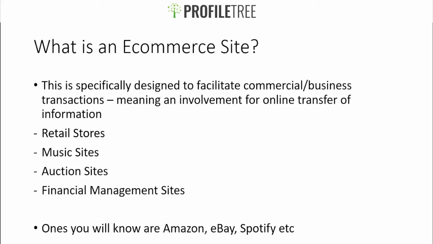You've got music sites and auction sites. Auction sites could be anything to do with a car auction or a vintage wear auction, things like that. And then you have financial management sites, and these would mainly be towards solicitors or anything to do with having a mortgage, things like that. So that's what these e-commerce sites are here to suit.